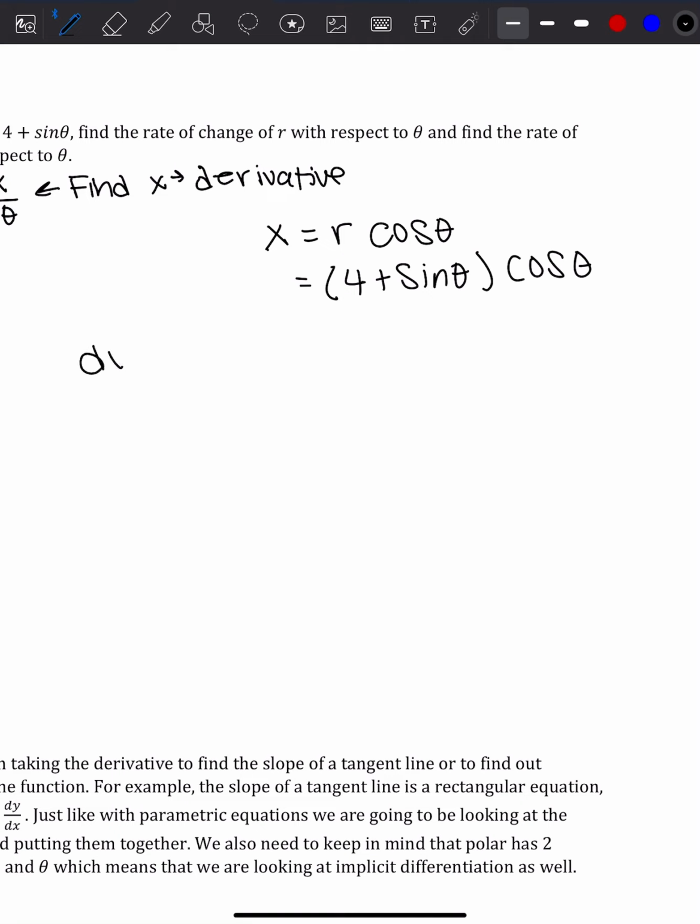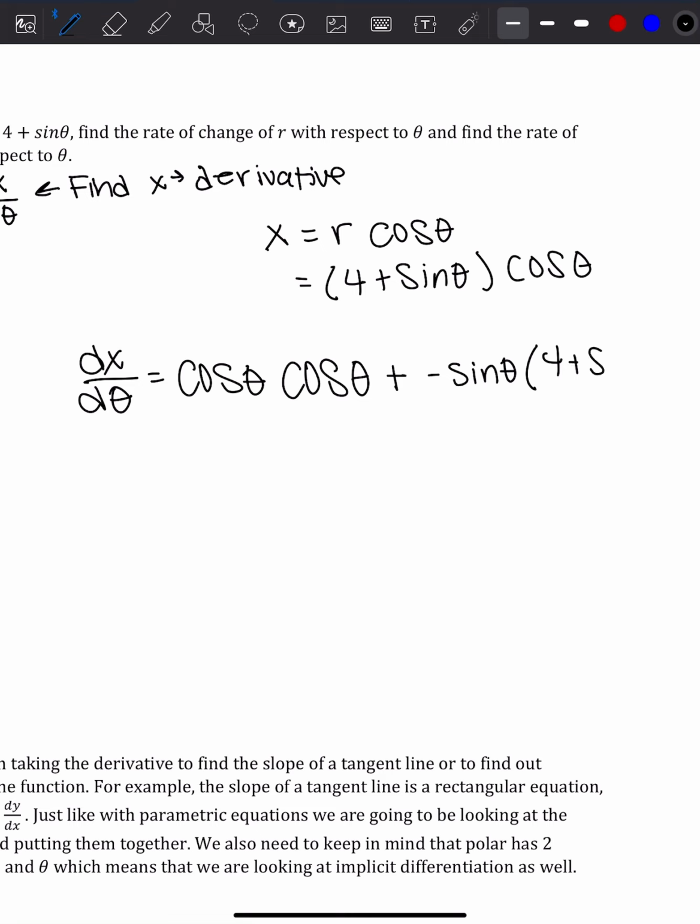So if we look at this, dx over d theta, the derivative of 4 plus sine of theta is just cosine theta, 0 plus cosine theta. We multiply by the original of the second function, which in this case is cosine, plus the derivative of cosine, which is negative sine, times the original of this first part, 4 plus sine theta.